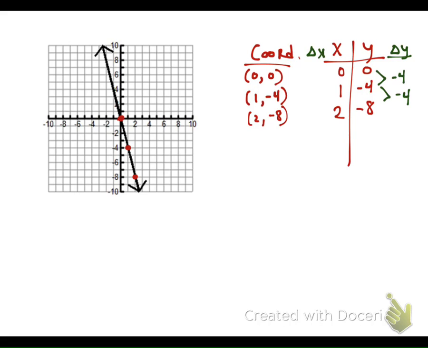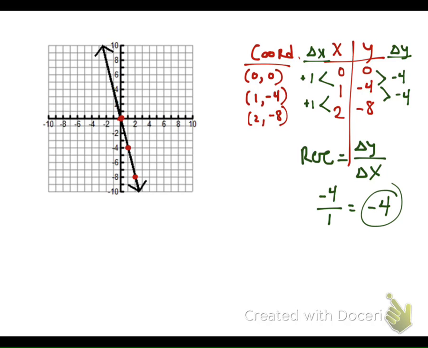My delta x, if I'm looking down, is going to be plus 1. This is going to be plus 1 as well. Now we remember rate of change is delta y over delta x. So I'm going to have negative 4 over 1, which reduces down again to negative 4. That is my rate of change. If I was going to put this into an equation, this would be the number I multiplied by: negative 4x. Right there, the rate of change is your coefficient.